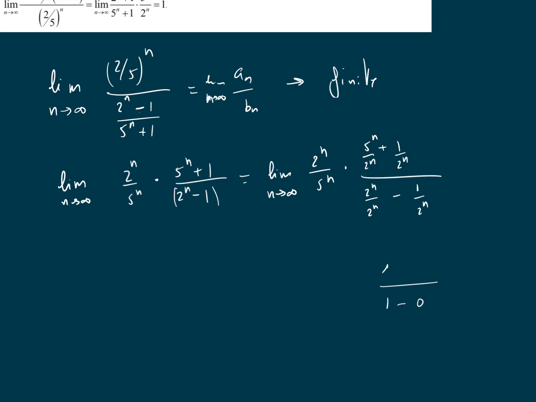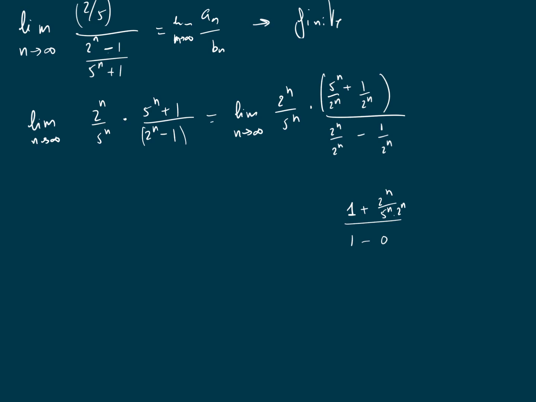Then 1 plus, in parentheses, 2^n divided by 5^n multiplied by 2^n. So this 2^n will cancel, and I will leave 1 plus 1 divided by 5^n. What is the limit when n goes to infinity of this?